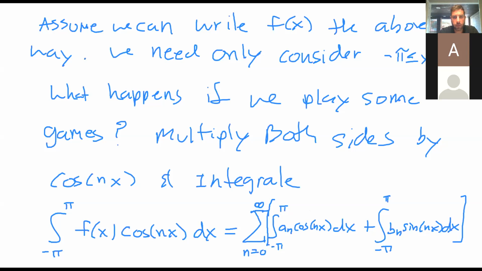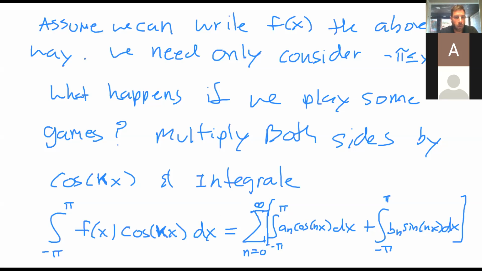Let's switch letters. Let's not do n, because n is my index. So let's pick a k and multiply it by cosine of kx. So you're right, and my apologies, because I always forget that you guys aren't as experienced as I am.